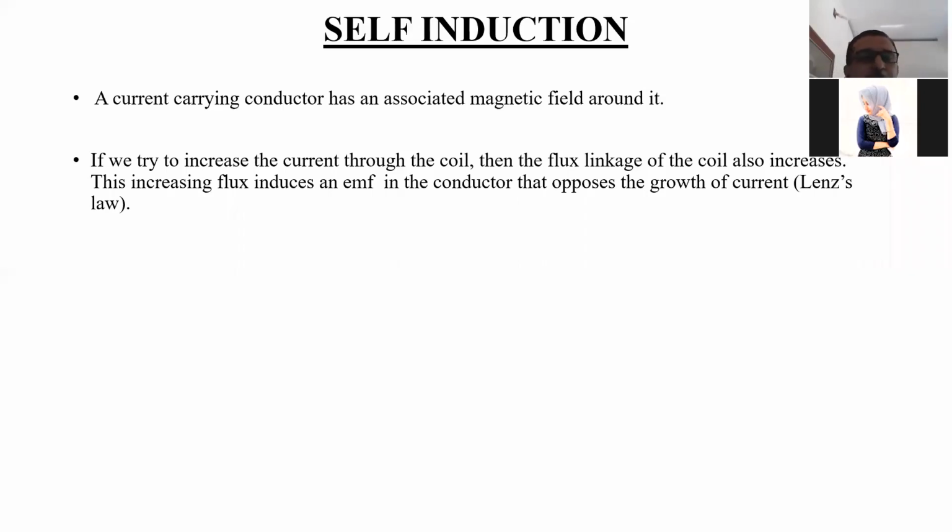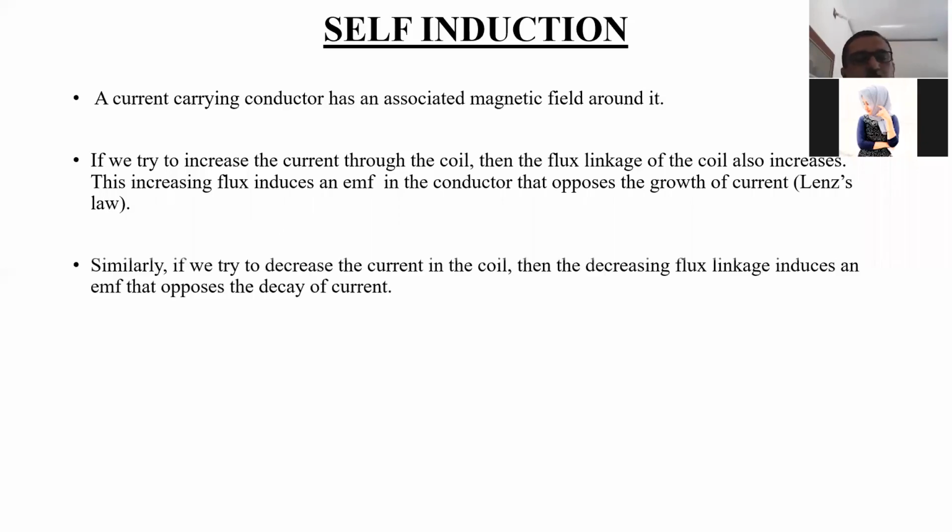Yesterday, Bhadra explained this very clearly. So there is a coil, and if you try to increase the current, flux will be produced. This increasing flux will induce an EMF, and the EMF will oppose this increase.